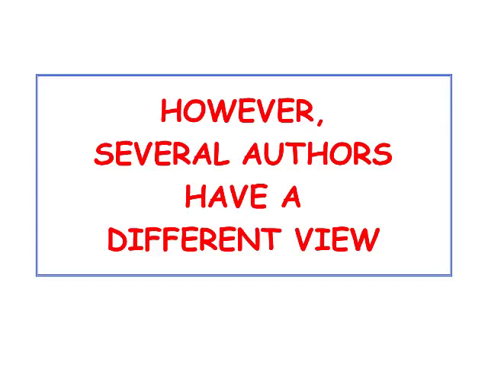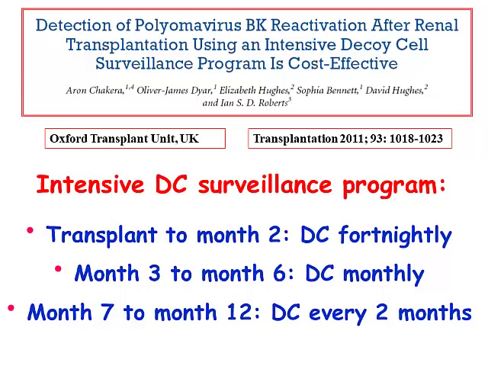There are several papers in which it has been shown that the KDIGO guidelines are not accepted. I want to show just one paper, which has been published recently in Transplantation by the Oxford Transplant Unit group.